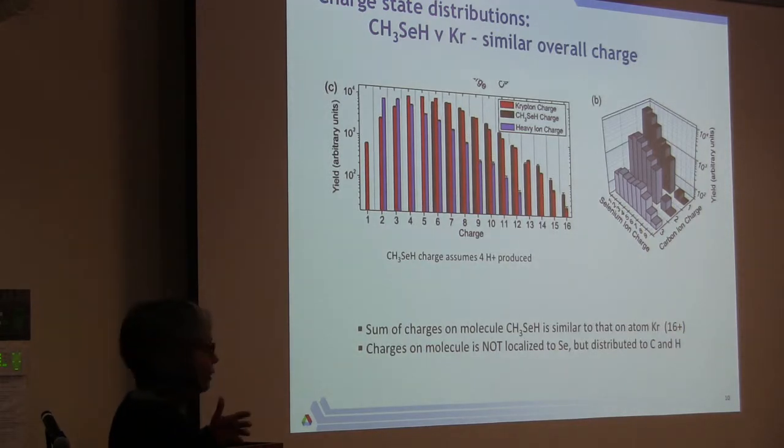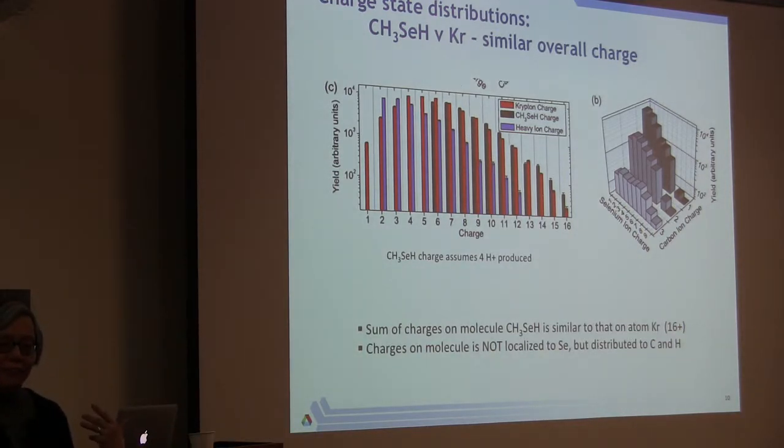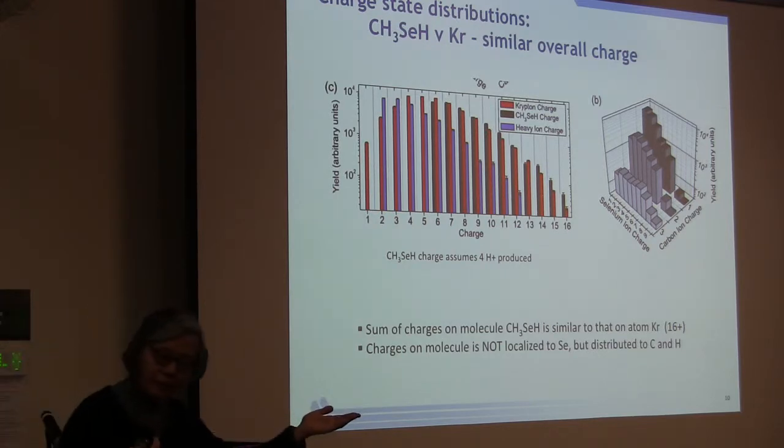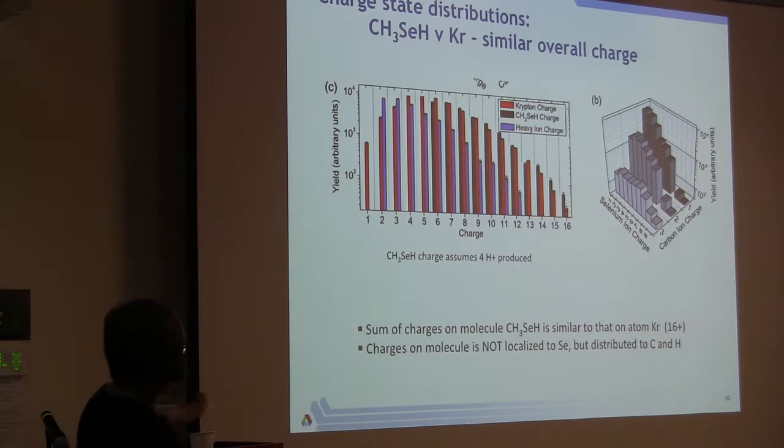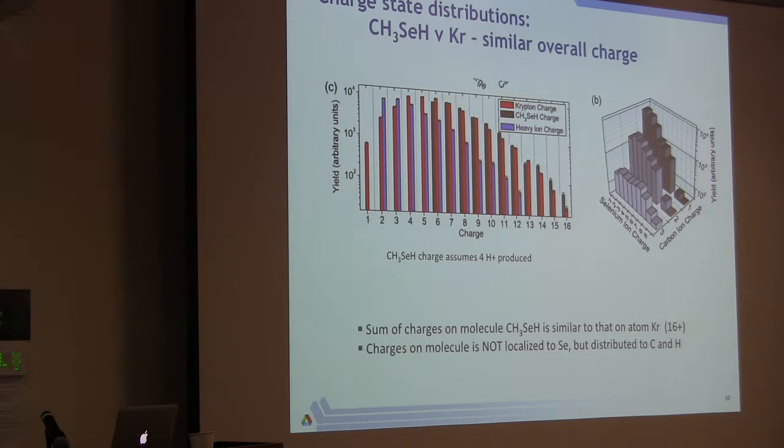And so you immediately know from this, right, that even if the absorption has happened on the heavy atom, the charges aren't localized there. It's distributed, and something else is happening.